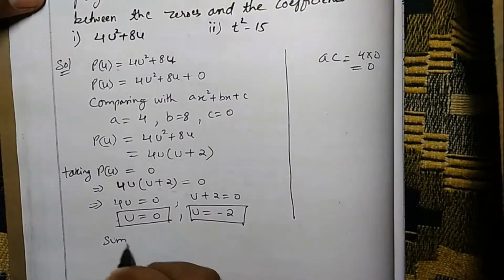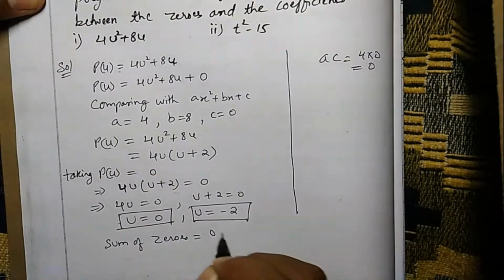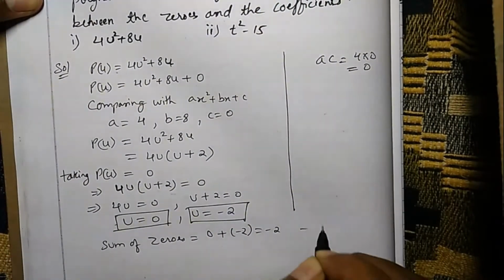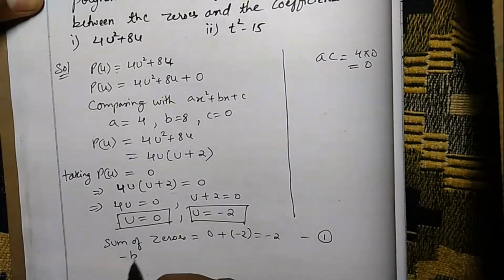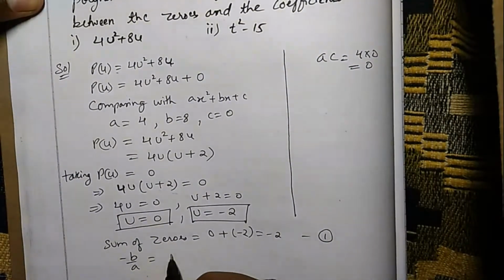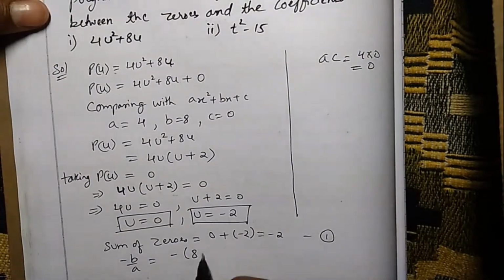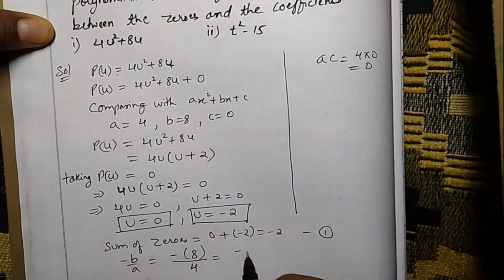So sum of zeros equal to 0 plus -2, that is equal to -2. So it is our first equation. And also minus b upon a equal to minus b, here b is 8, so 8 upon 4, which is equal to -2.